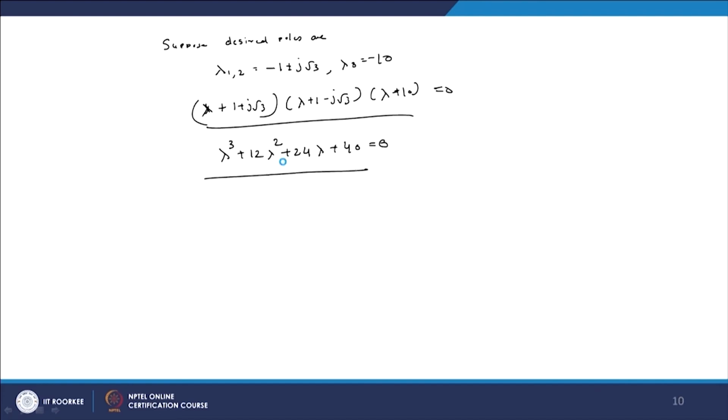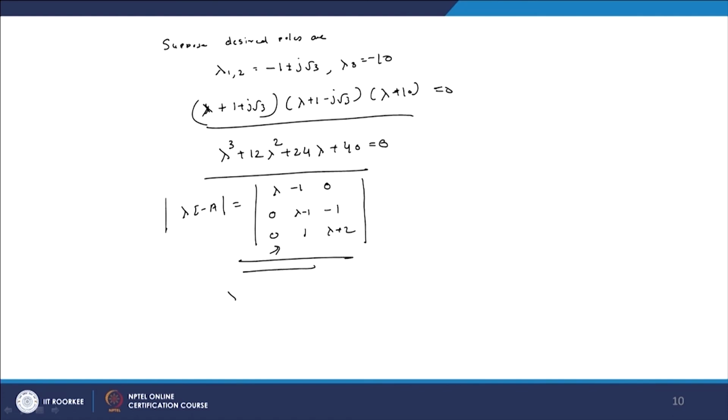So, we determine the characteristic equation: lambda I minus A equals lambda minus 1, 0, 0, lambda minus 1, 0, 1, lambda plus 2. After solving this, you will get lambda cube plus lambda square minus lambda equal to 0.